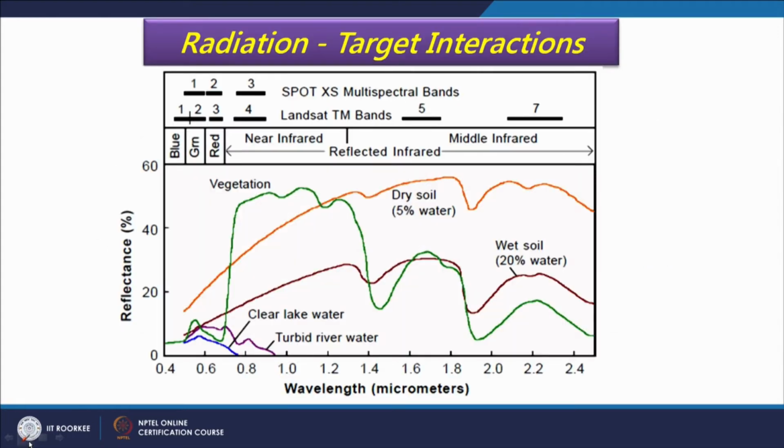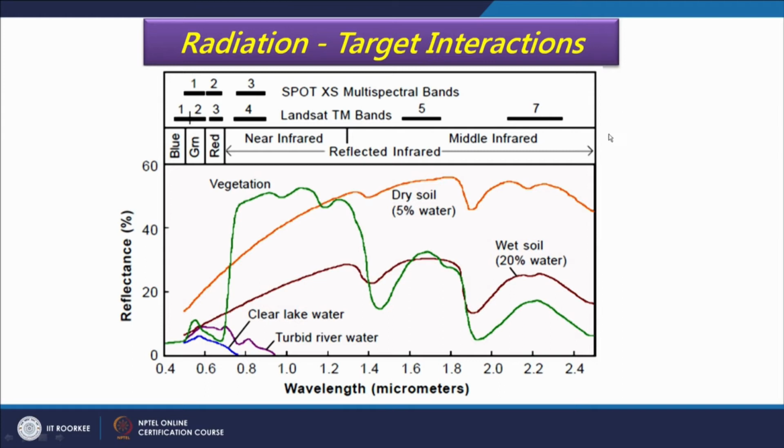Here is an example. In the case of Landsat TM, the first bands cover the visible part, then band 4 is in the near infrared, band 5 is in the middle infrared, and band 7 is basically in the far infrared.